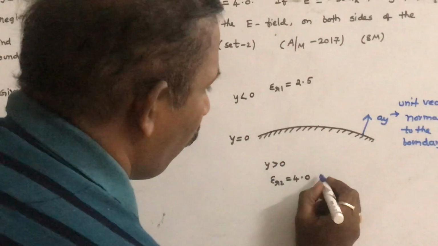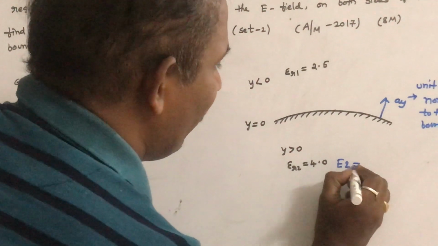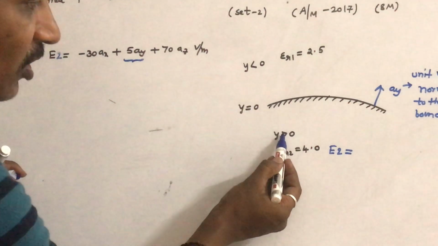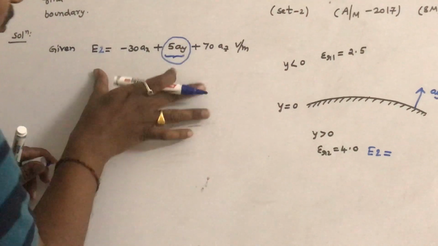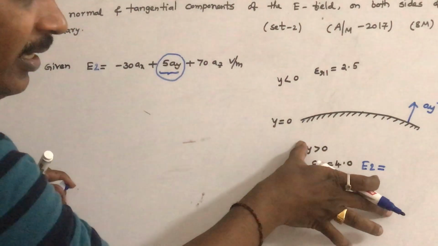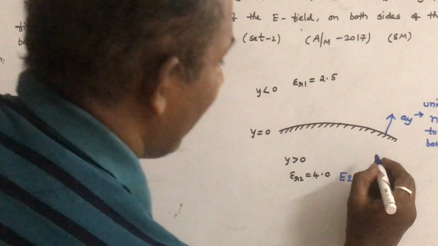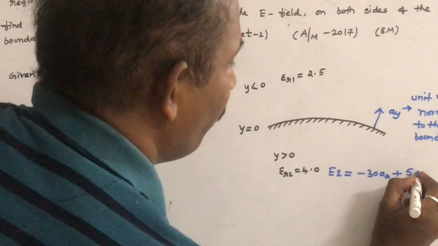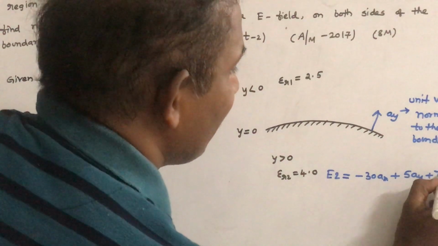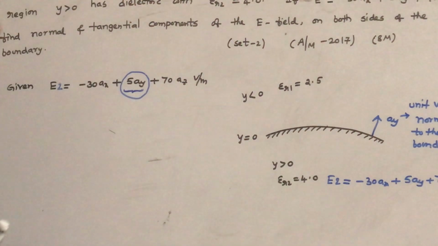Therefore E2 is the electric field in this medium, because this is the y greater than 0 medium. Therefore minus 30 ax plus 5 ay plus 70 az we take in this medium.